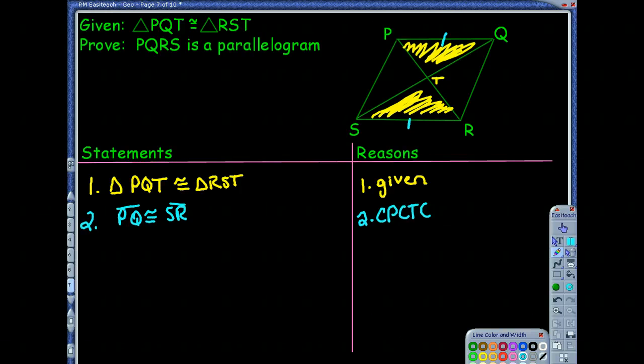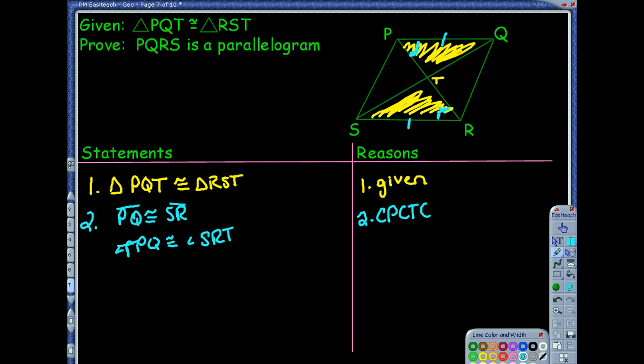I'm thinking also angle TPQ is congruent to angle SRT. Okay. And that's true also for CPCTC. So can I go ahead and just leave that as in the same step? I'm going to go ahead and take off the 3 then and leave that as part of step 2. Now, you might ask why did you use that angle?